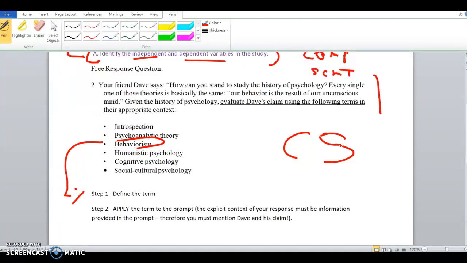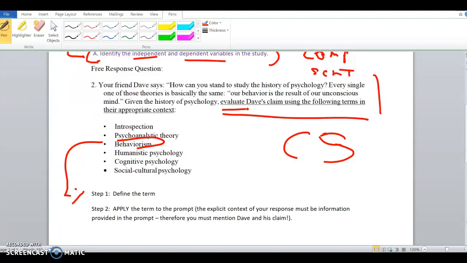But the second part, right, and you keep this in one paragraph, please. Each bullet point should get its own paragraph, complete sentences. The next one is you have to apply the term to the prompt, meaning you can't just speak about behaviorism in general. You have to say, well, what do they want me to do with behaviorism? Well, in this question, your friend Dave is basically saying our behavior is the result of our unconscious mind, and you have to evaluate Dave's claim using the following in their appropriate context.